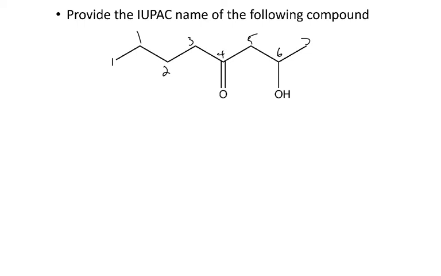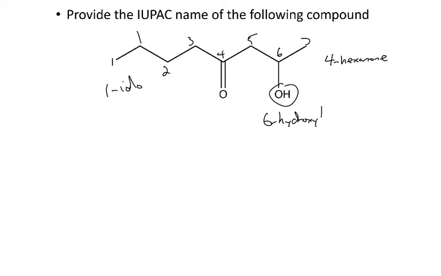Now in this case, I'm not cyclic, and so I do need to indicate the position of the ketone. So my parent and its suffix is going to be 4-hexanone. I also have a 6-hydroxy. I have a 1-iodo.